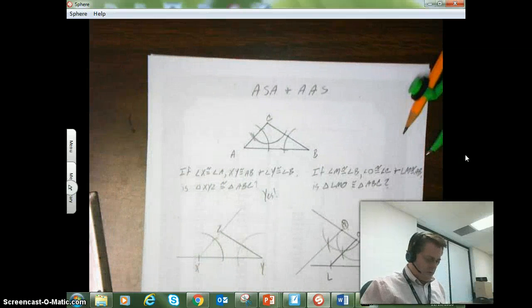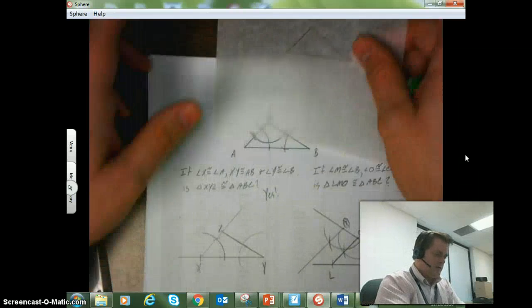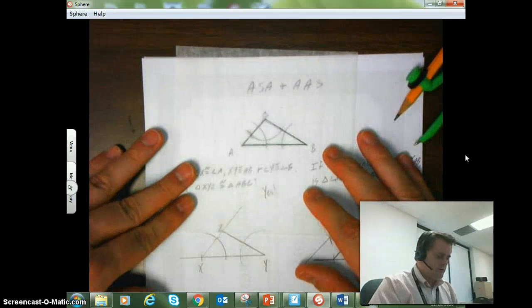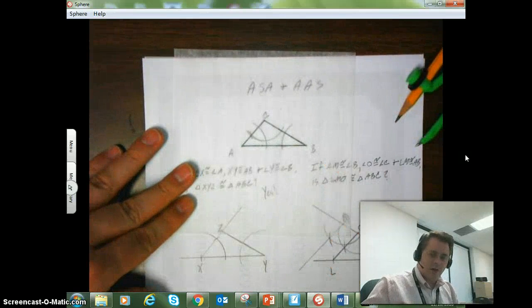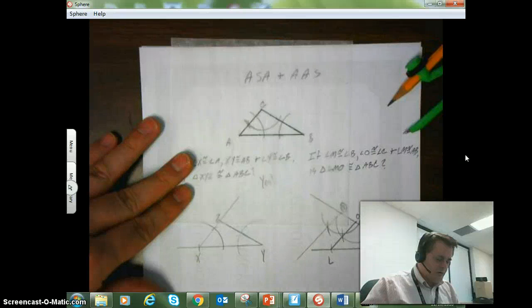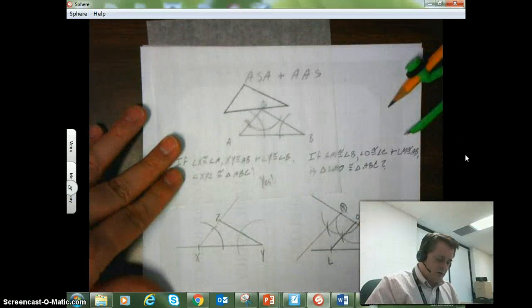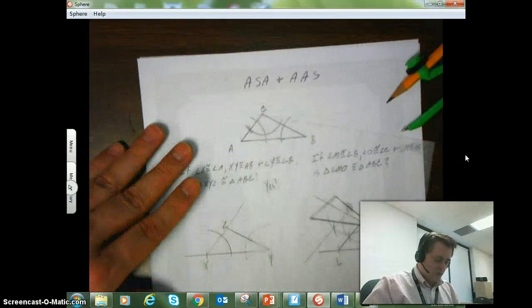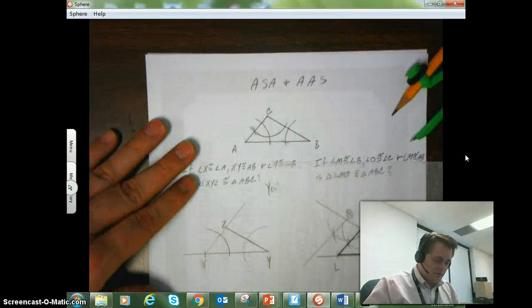So now here's the litmus test. We know we've just traced triangle ABC here. So when I used a side, an angle, and an angle where the side's not in between the two angles, were we able to construct congruent triangles?